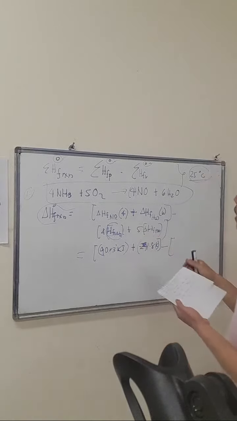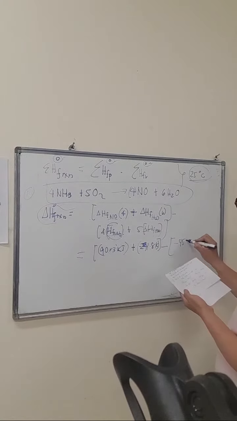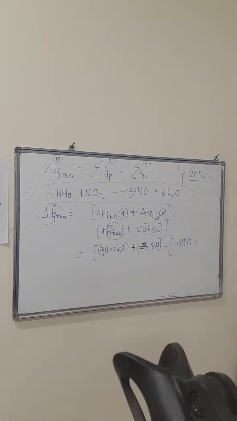Ammonia. I don't carry the moles because it's no longer used in this particular problem. So the enthalpy change of formation of ammonia is, it's here also, negative 45.9 kilojoules. And then plus the enthalpy change of formation of oxygen gas.